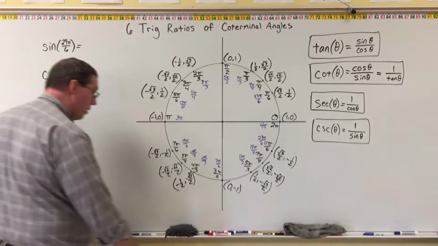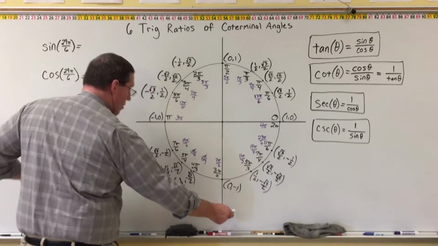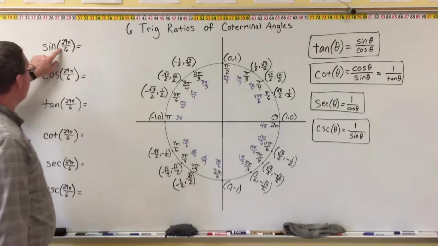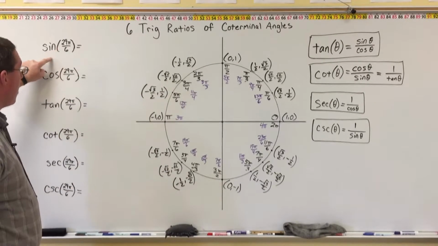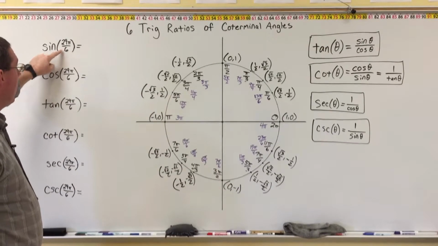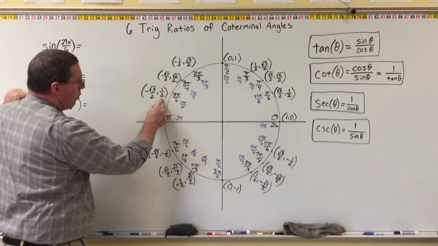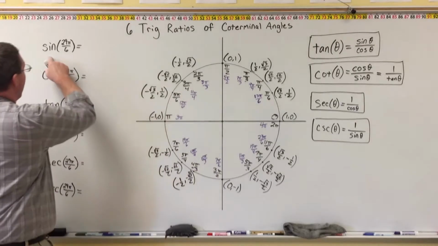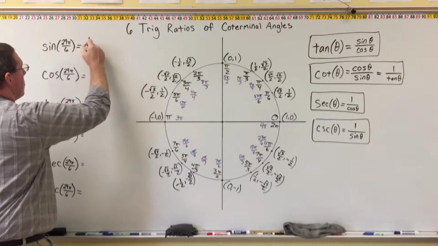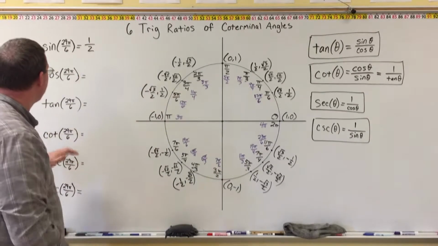So what that means is that sine of 29 pi over 6 is the same thing as sine of 5 pi over 6, and sine of 5 pi over 6 has a y-coordinate of 1/2. Therefore, sine of 29 pi over 6 is also 1/2.